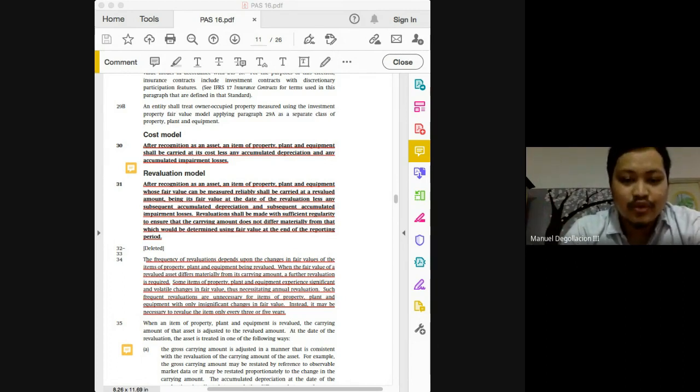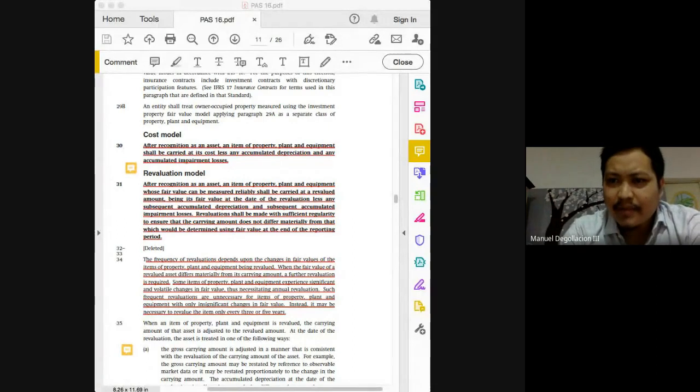Okay, so you start at the cost, and then you gradually deduct all the charges for depreciation and impairment. So little by little, the carrying amount of your PPE will go down and the decrease will correspond to the amount of depreciation and impairment that is recognized.